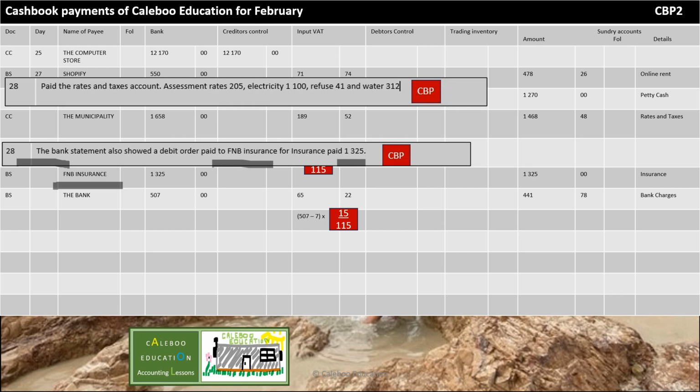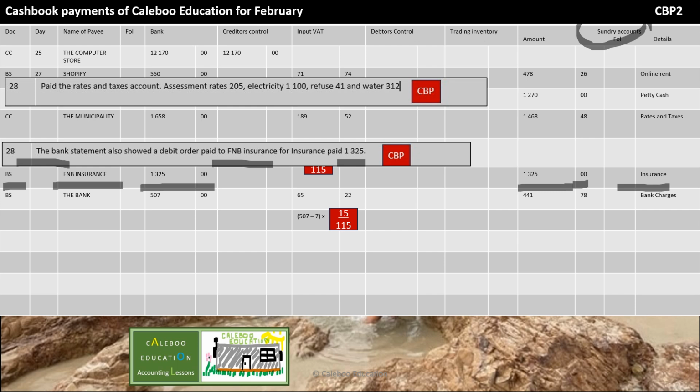That's who we paid. We got the information from the bank statement. The amount is 1325. And what did we pay for? Insurance. It appears under sundry because this transaction doesn't happen on a regular basis. There we go. Nice, easy one.